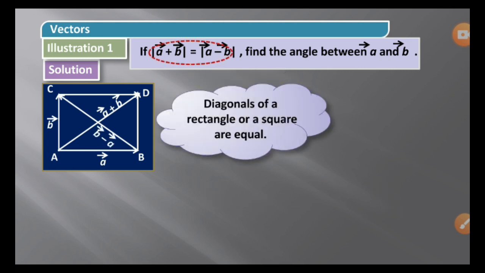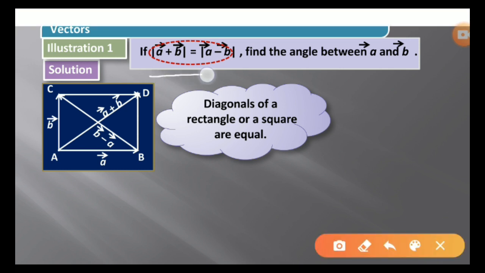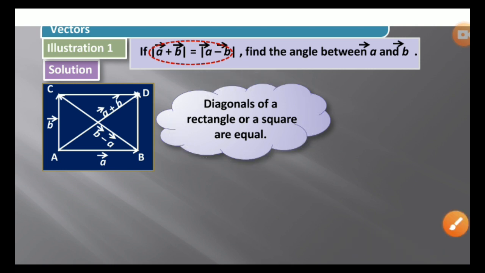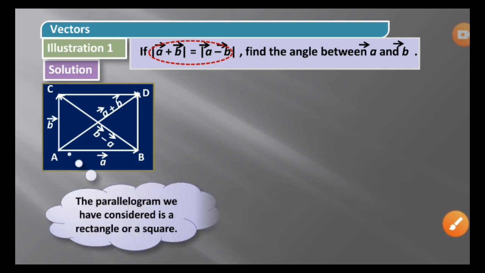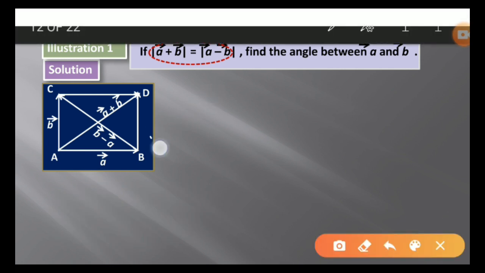The diagonals of a rectangle or a square are equal. See, already they have given that these two are equal, meaning the length of A plus B is exactly equal to the length of A minus B. Therefore, since the diagonals of a rectangle or a square are always equal, the parallelogram we have considered is a square or a rectangle.